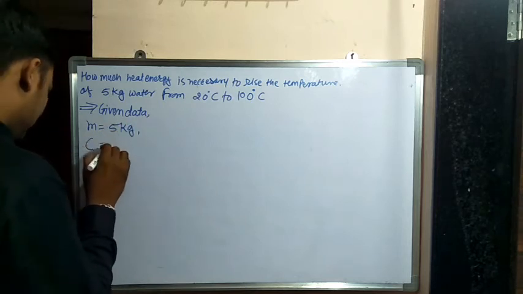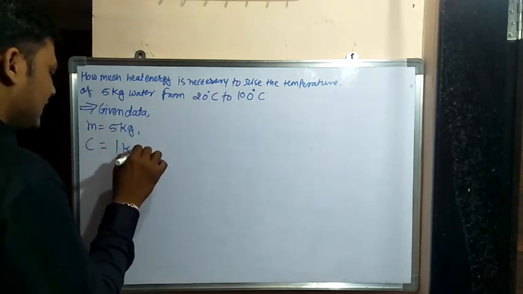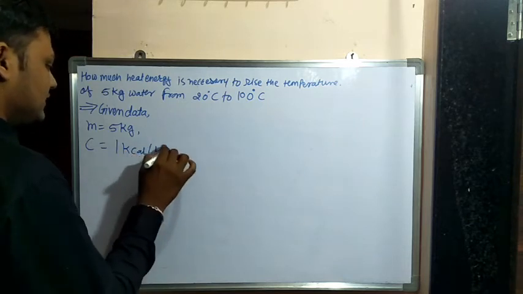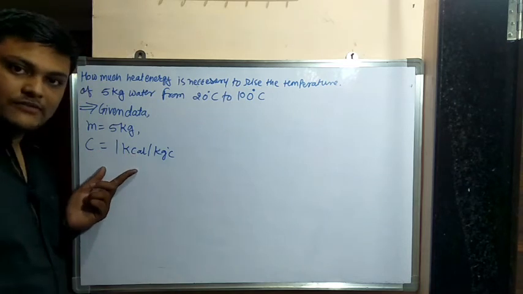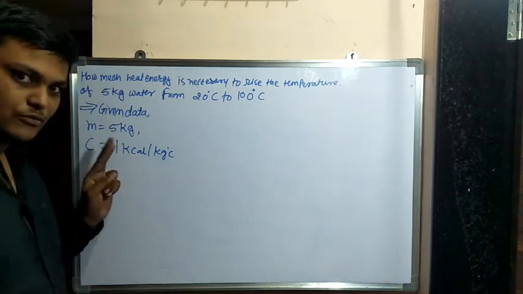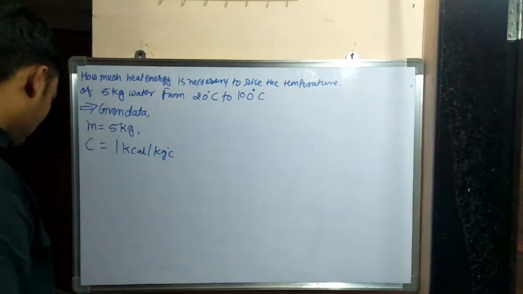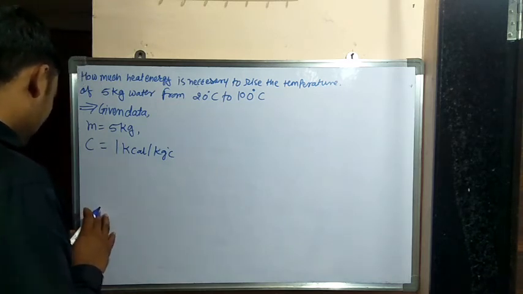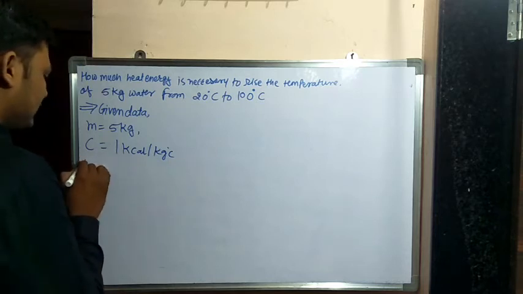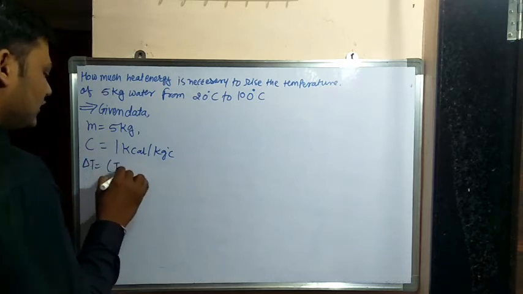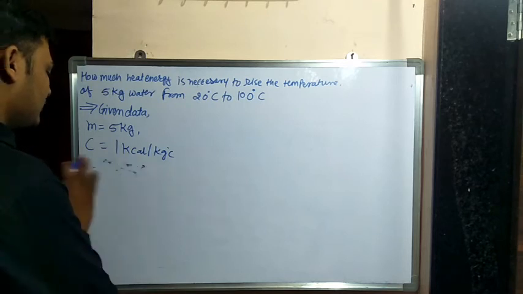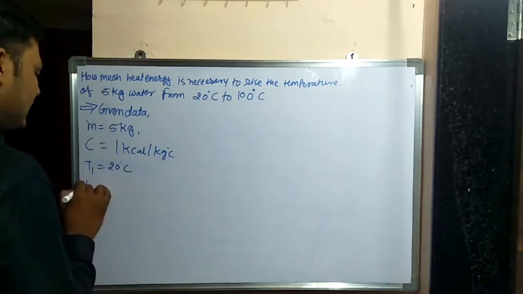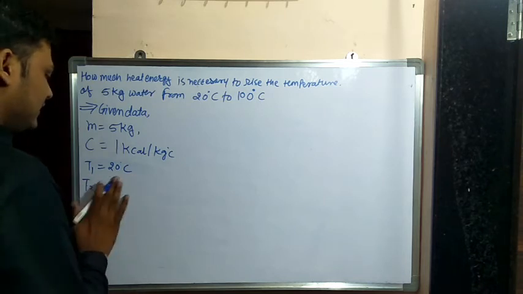The specific heat capacity of water is 1 kilocalorie per kg per degree Celsius. This table I have explained in the third video, which you must watch. Next we have the temperature. The change in temperature delta T is equal to T2 minus T1, where T1 is equal to 20 degrees Celsius and T2 is equal to 100 degrees Celsius.